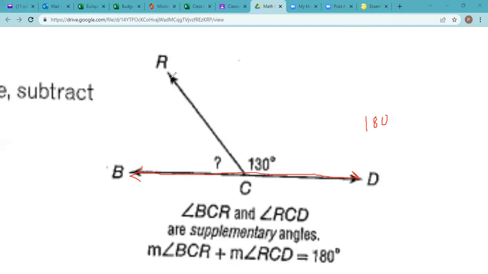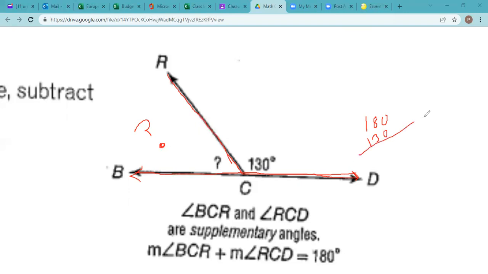We know also that angle RCD is 130 degrees. What we don't know is angle RCB over here, or you can say angle BCR. So you need to find this one right here.